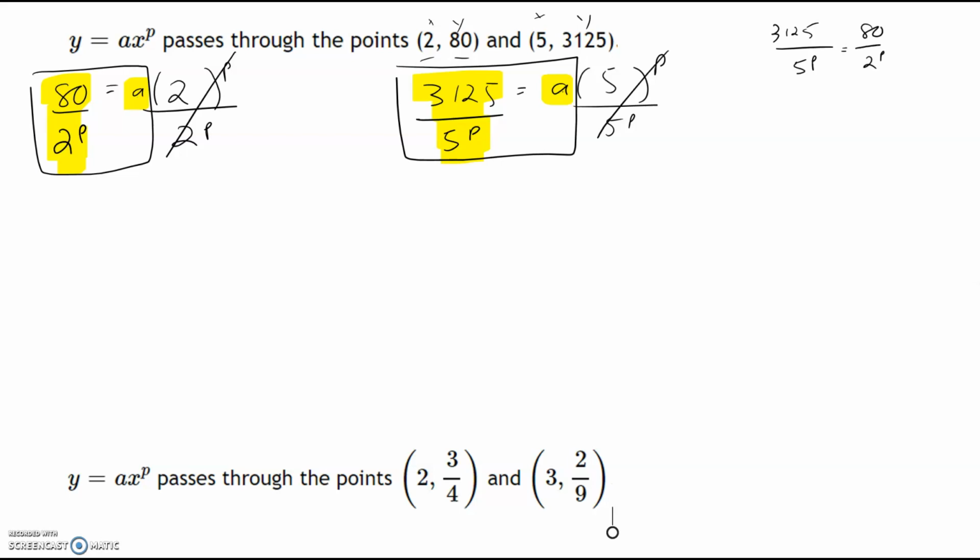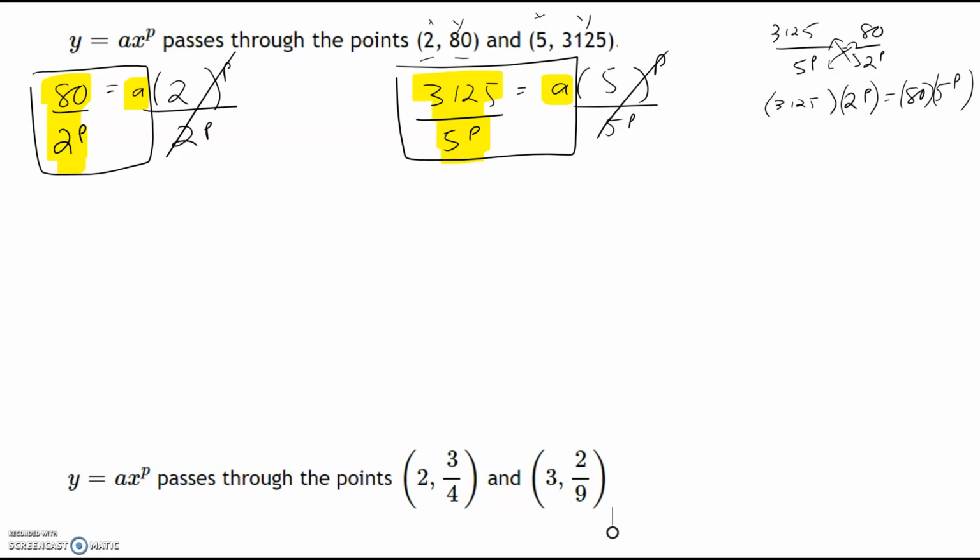Now what I'd like to do is get one p, all right? So I want to get all the p's on the same side, but it's an exponent, so we've got to be careful. I'm going to cross multiply. 3125 times 2 to the p equals 80 times 5 to the p. Okay. I don't need these parentheses, but it helps me group my expression.